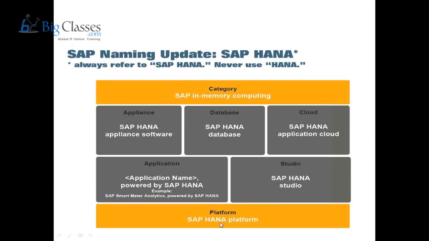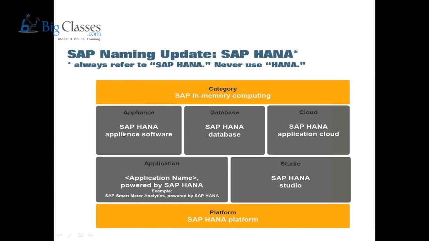This platform is called the SAP HANA platform. This is pretty important when we speak in interviews or in front of customers, right? It is very important to have the standard or proper nomenclature in the picture. So we call this entire platform the SAP HANA platform.